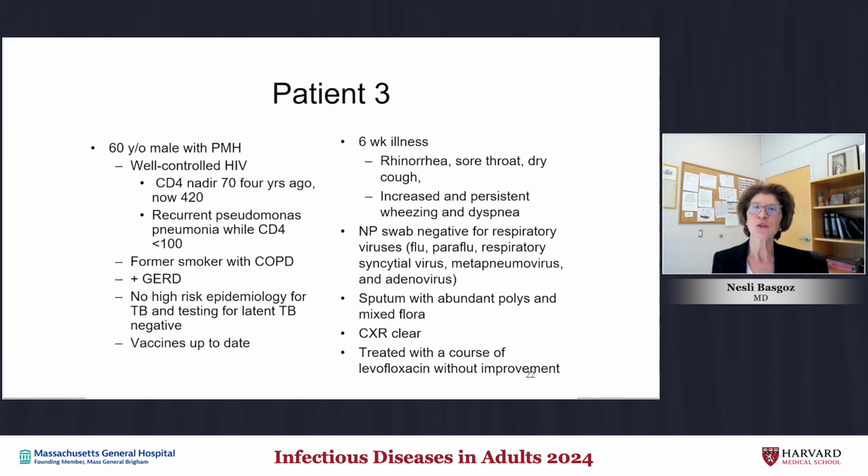He presents to you with a 6-week illness characterized by initial rhinorrhea, sore throat, and dry cough, but persistent and increased wheezing and dyspnea. His evaluation for respiratory viruses is negative, and his sputum shows normal respiratory flora. His chest X-ray is without infiltrates. He's treated with a course of levofloxacin without improvement.